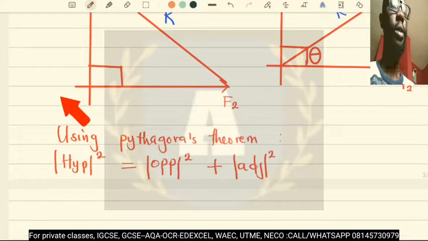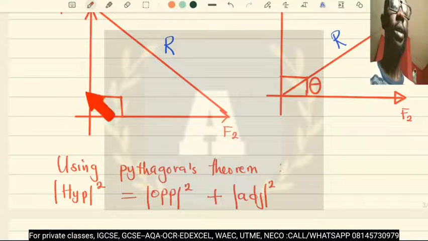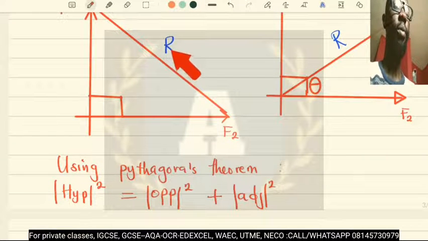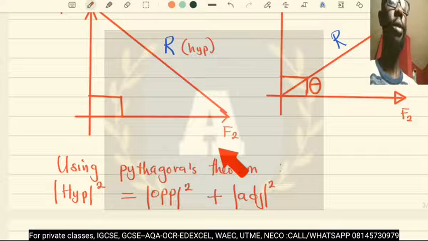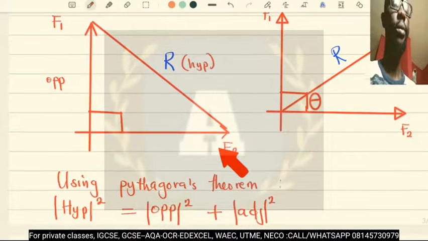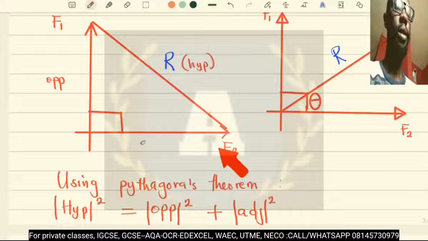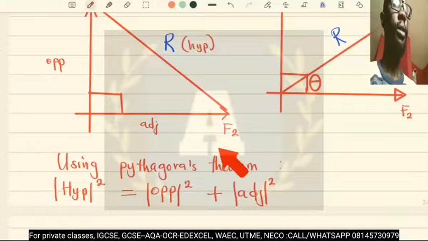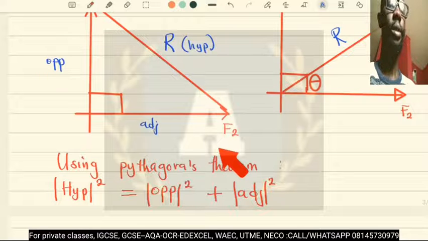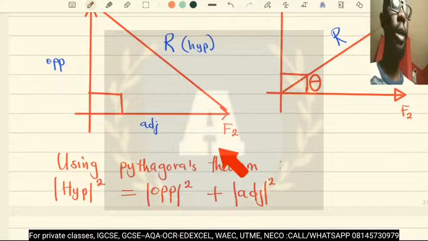Okay, and that is Pythagoras theorem. Now this is our hypotenuse, this is the opposite representing F1, and this is the adjacent representing F2, as we have it: hypotenuse, adjacent, then opposite.